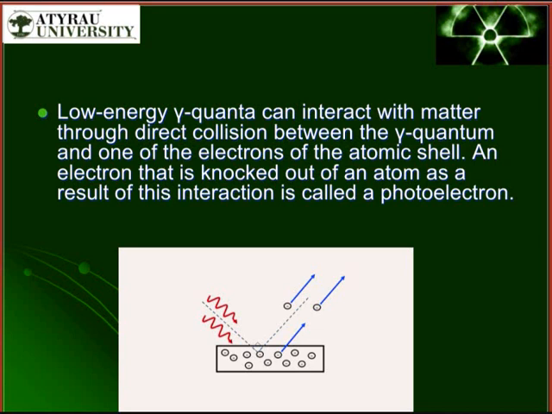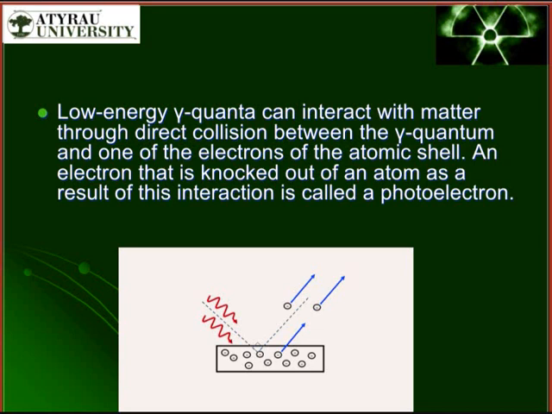An electron that is knocked out of an atom as a result of this interaction is called a photoelectron. In photoelectric processes, a gamma quantum cannot interact with a free electron, because under these conditions, the law of conservation of energy and angular momentum is not fulfilled.